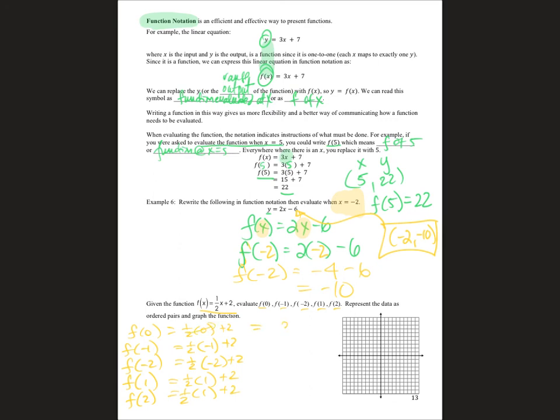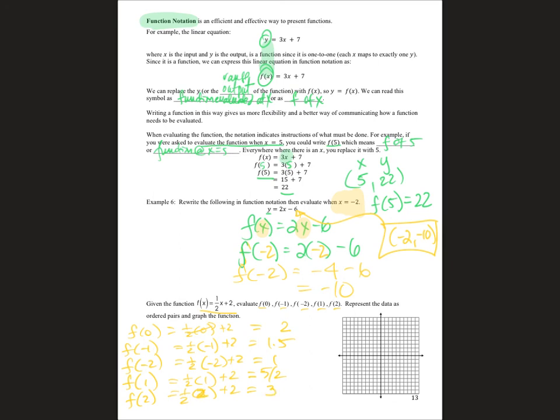This goes to 0. This goes to... I have to get a common denominator, so that's going to give me 1.5, 1, 5 halves, 3. Function evaluated at 2. Oops, that's supposed to be at 2, 3.